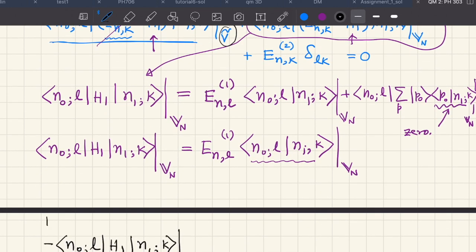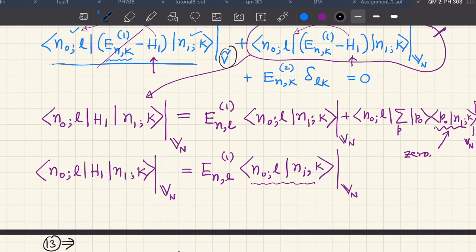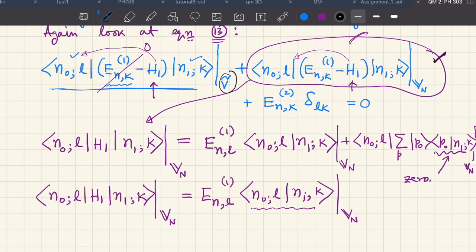So this is equation 13. This one was the first term. Then we will have this object which I have just written here as E_{n,L}^1 ⟨n0L|n1K⟩. But we also have this term.